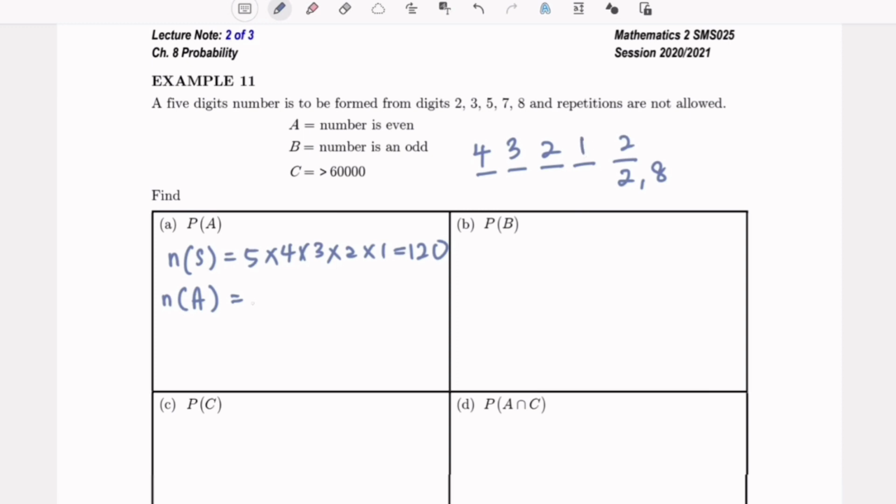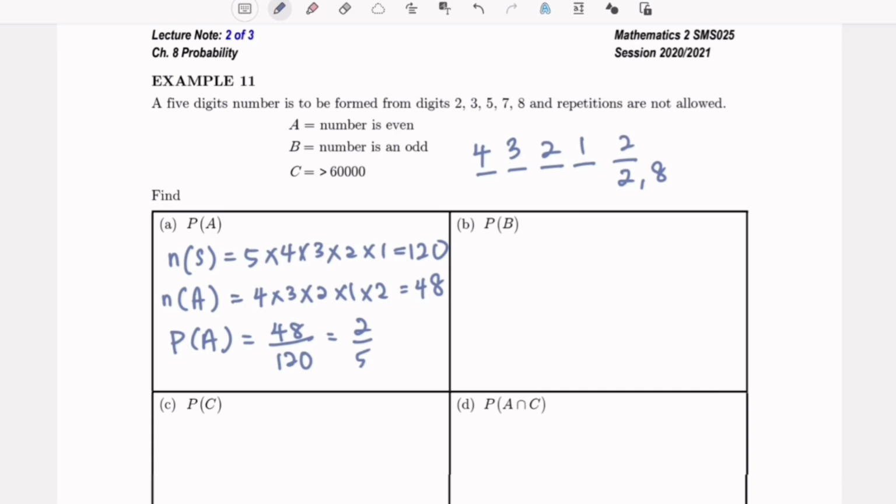So NA will be equal to 4 times 3 times 2 times 1 times 2. That gives you 48. So the probability of even A is 48 over 120, or 2 over 5.